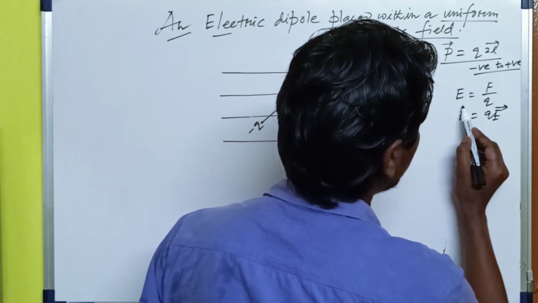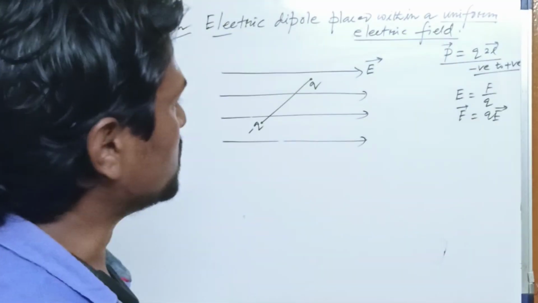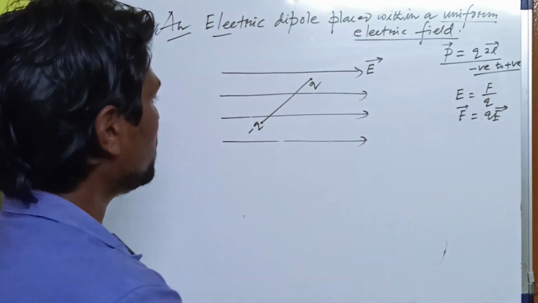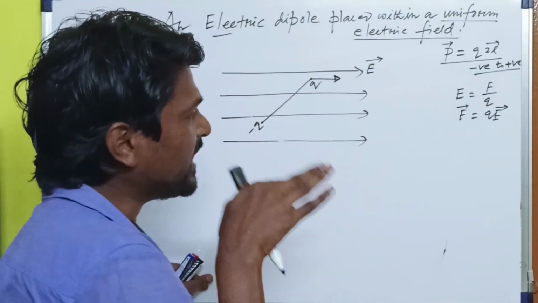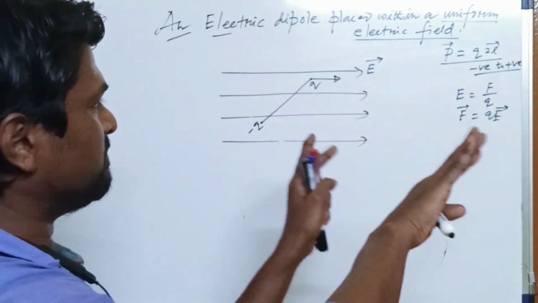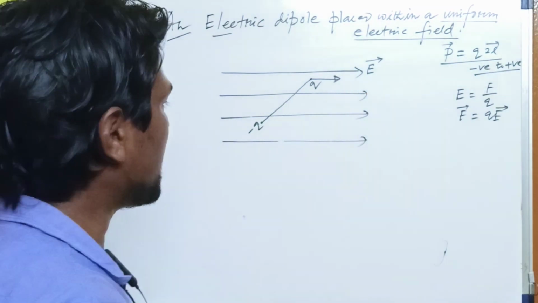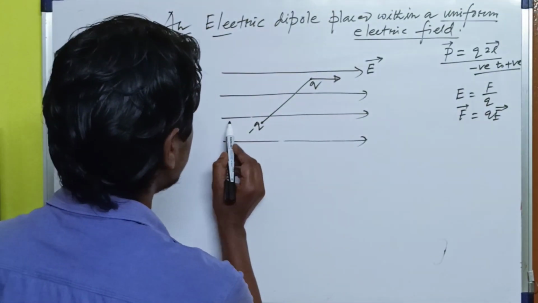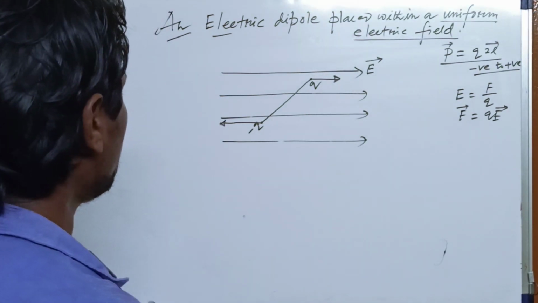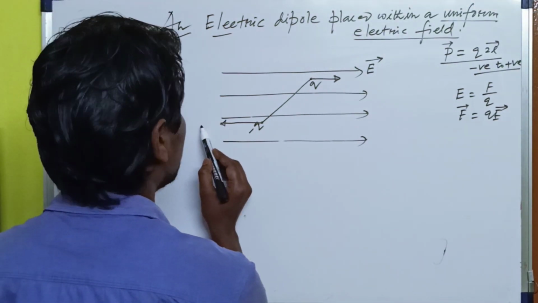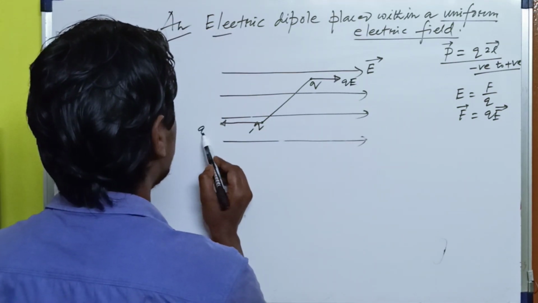Since it is a vector quantity, then F vector equal to qE vector. So that particular charge can experience an electrical force along the electric field, that is from left to right, and that particular charge, that is minus q, can experience an electrical force along this one. So this is qE and this is qE.